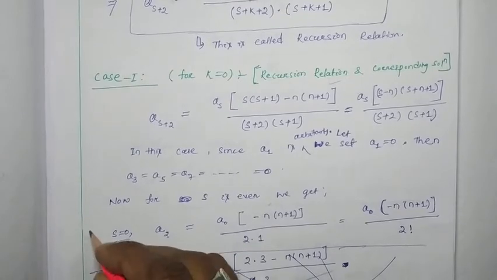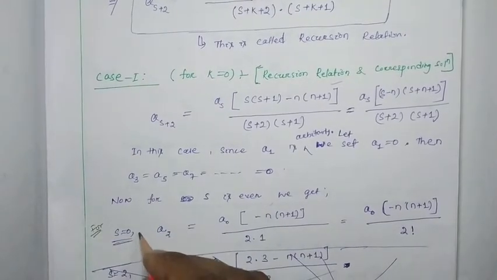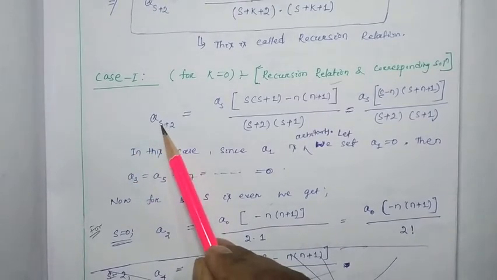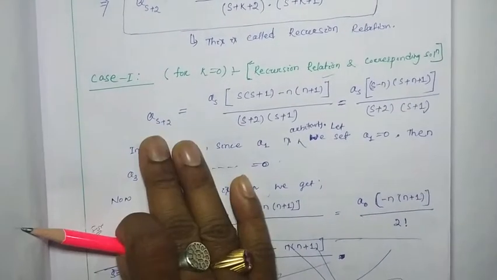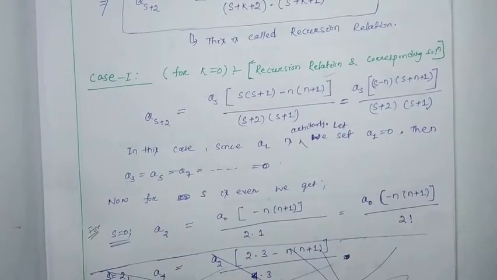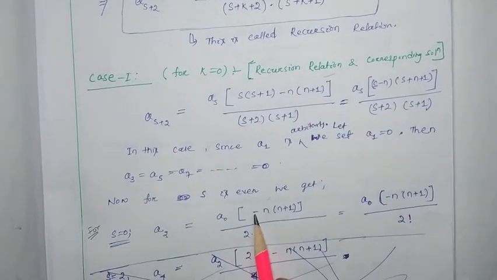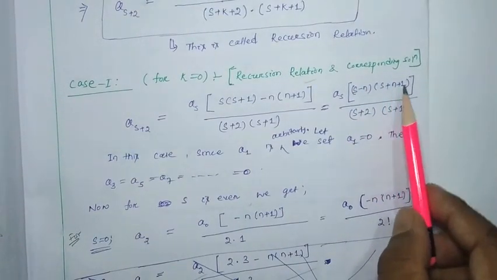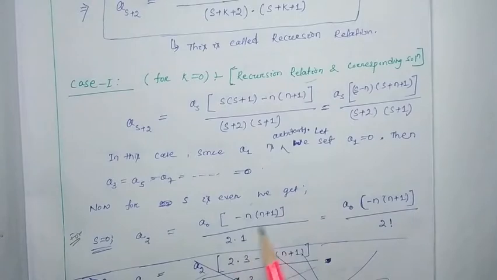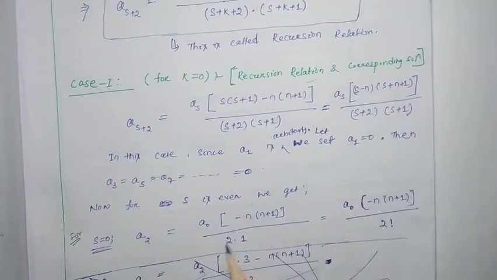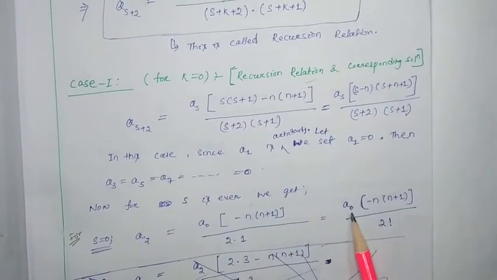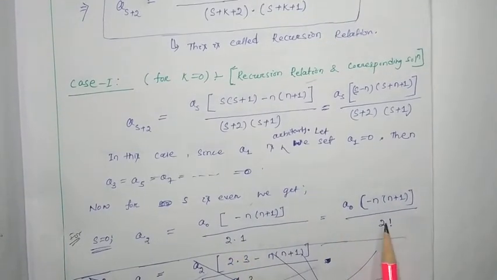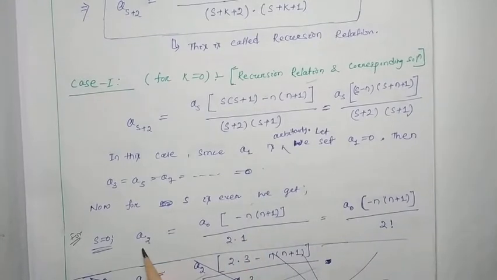So, for s equal to 0, this will be a2 equal to a0 into minus n into n plus 1, divided by 2 into 1, which is 2 factorial. So a2 equals a0 into minus n into n plus 1 by 2 factorial.